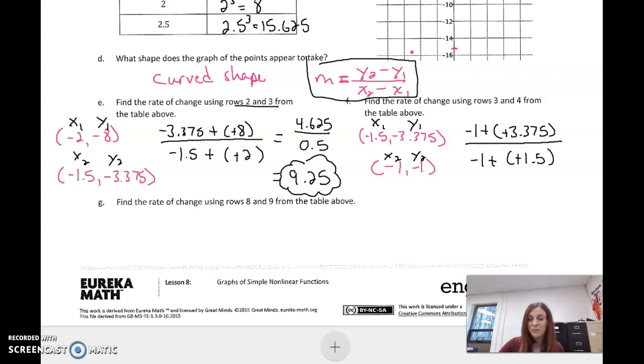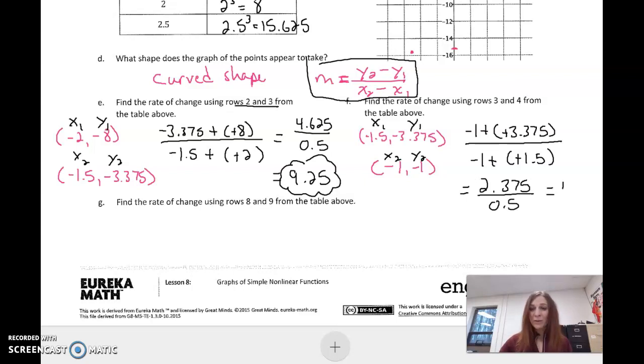Keep, change, change. Okay, and we will get a positive 2.375 over a positive 0.5, which works out to be 4.75. All right, so you can see, because we expect this, it's nonlinear, right? We don't expect our rate of change to be the same.